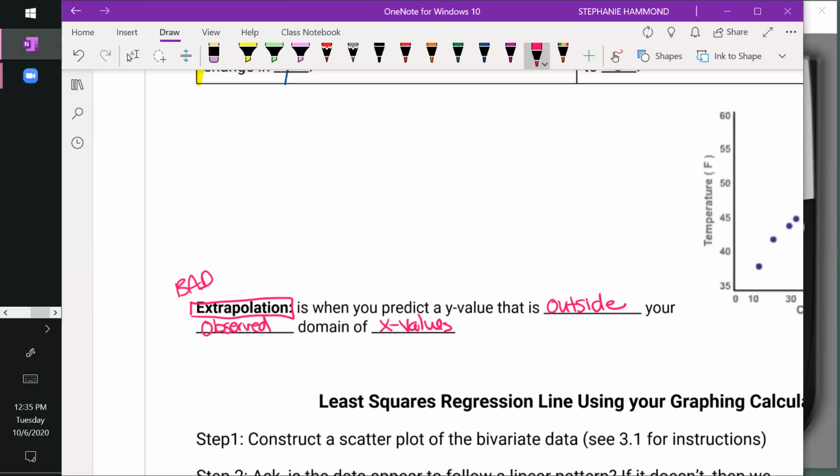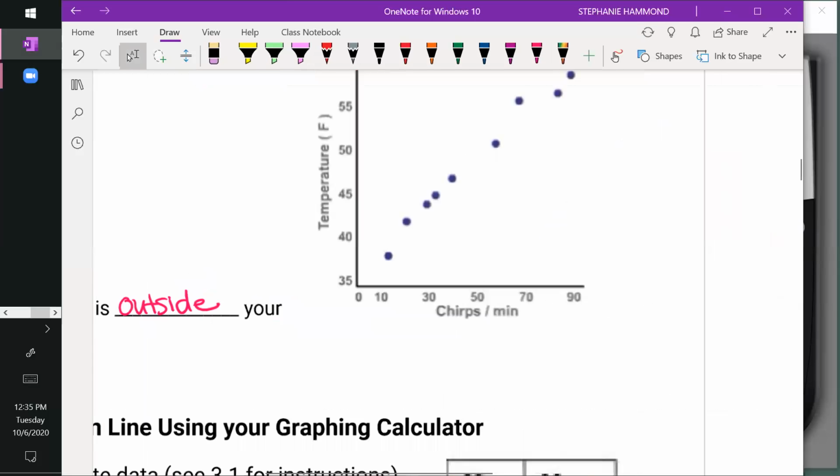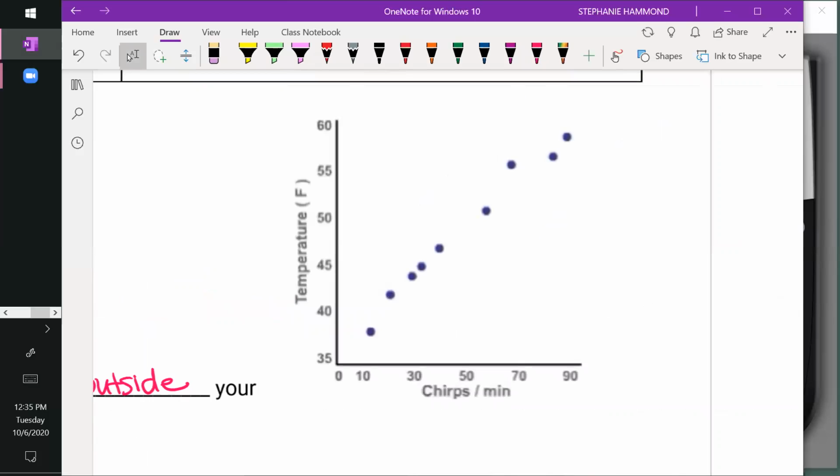So in other words, looking at this scatter plot here, for my x values, my chirps per minute, we only have observations between, looks like maybe 12 and 90 chirps per minute. So when I use my least squares regression line and I'm making predictions for points that are on that line, I need to make sure that I'm only making predictions for points that are between 12 and 90.